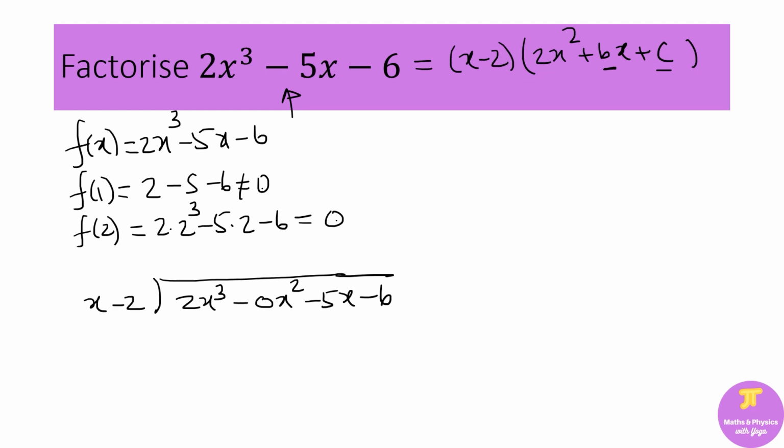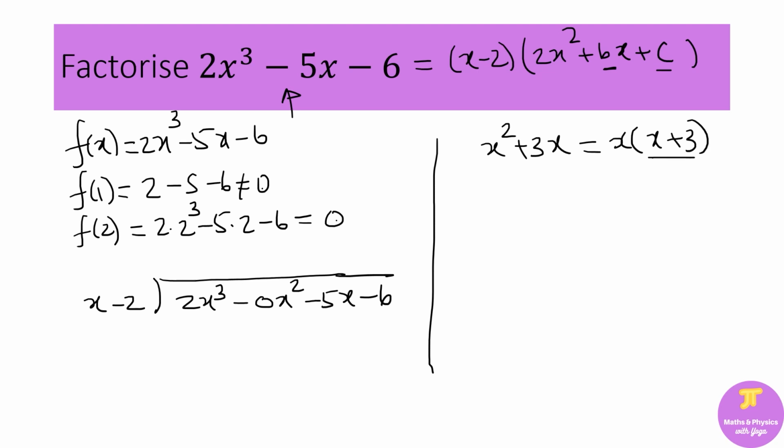Before we do this division, let me show a simple example. For example, let's say x squared plus 3x. If you want to factorize this, it would be very straightforward: x times x plus 3. We can find the second factor easily, but let's see how to find the second factor using long division.